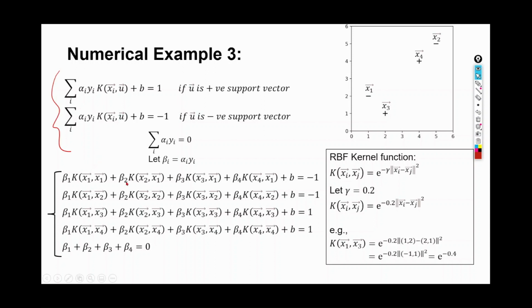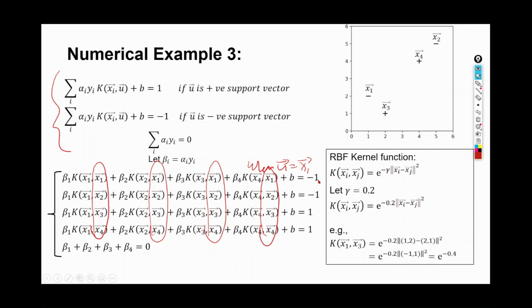The first equation is just when u is equal to x1, basically the same thing. So we are just going to change these four support vectors for these four equations, and change the corresponding -1 or +1 accordingly.